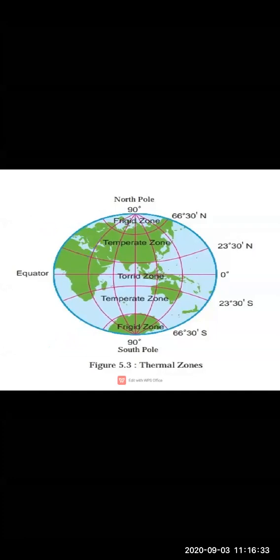Now children, moving ahead, we are going to study the frigid zone, which is near the North Pole and South Pole. Like I have told you, frigid means very cold in temperature. In this region, the sun rays will be extremely slanting, children.